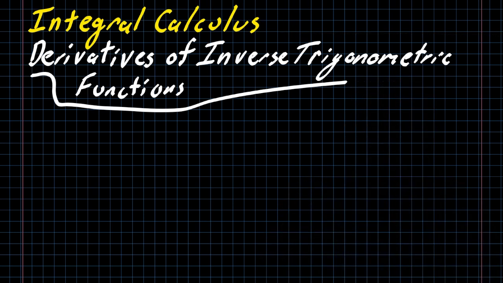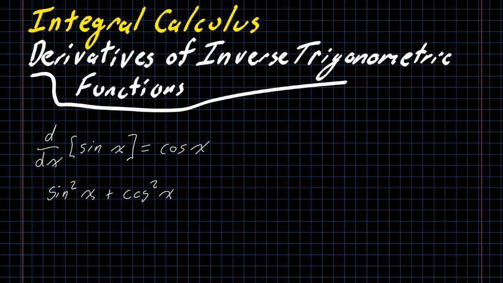Let me get my head out of the way and let's talk about sine. A couple of things we know about sine. We know that the derivative of sine of x is equal to the cosine of x. And we know that sine squared of x plus cosine squared of x is equal to 1.